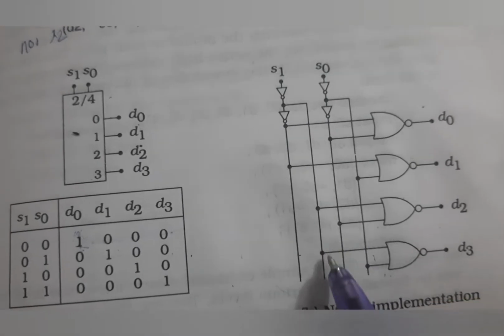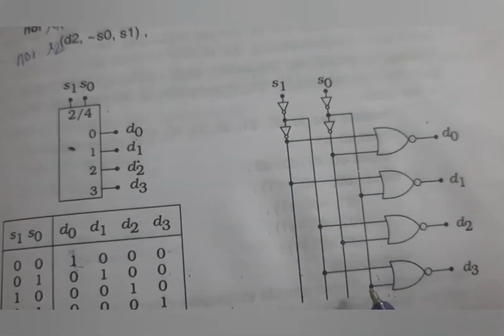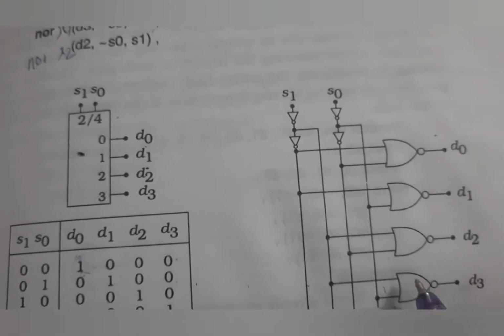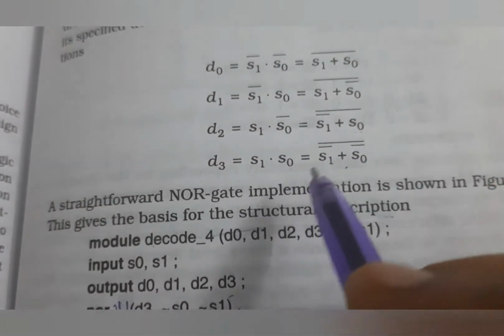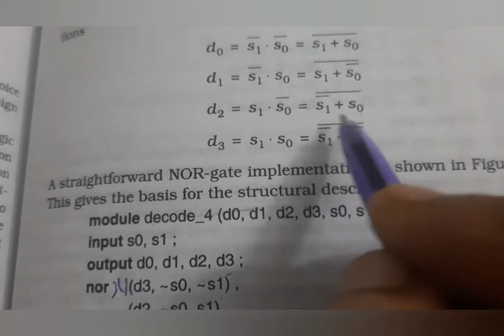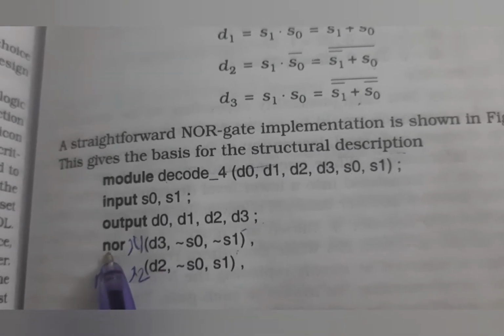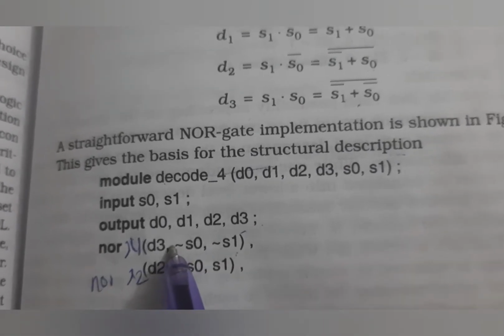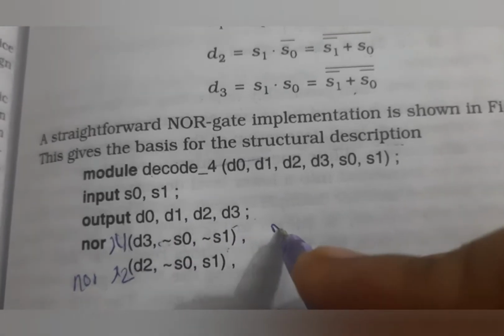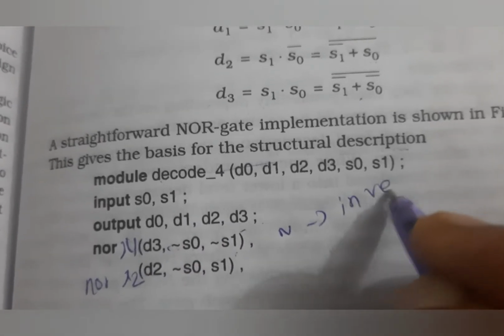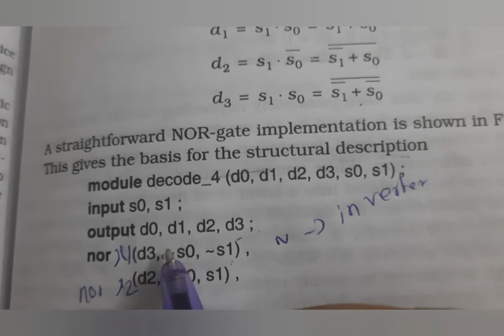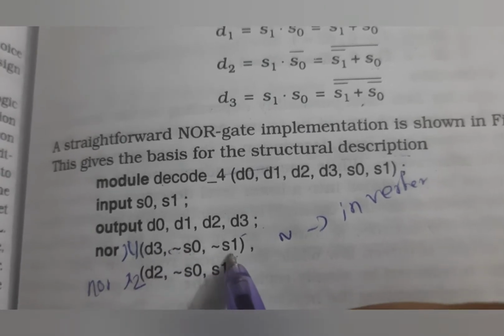The NOR function of D3 has control lines S1 bar plus S0 bar, so in code we write not S0, comma not S1, where not represents the inverter operation.